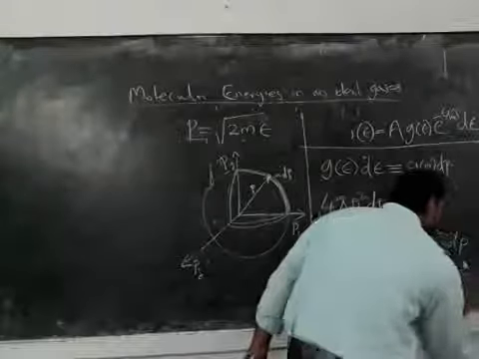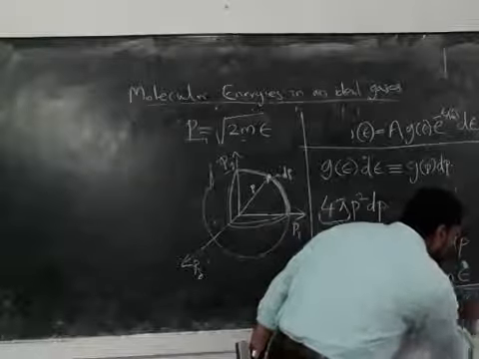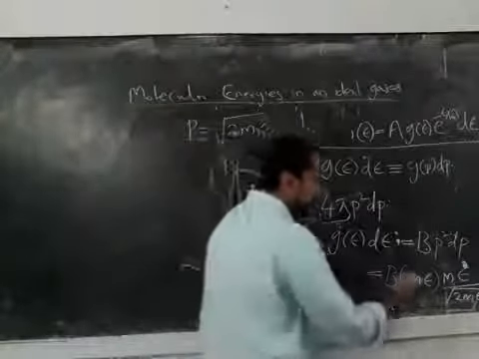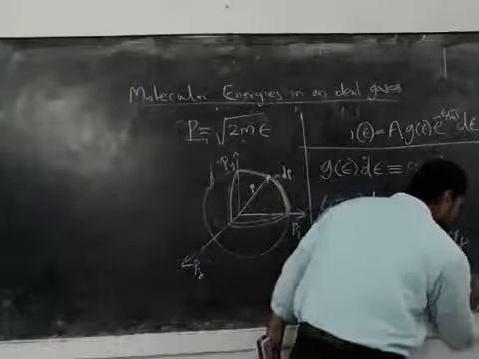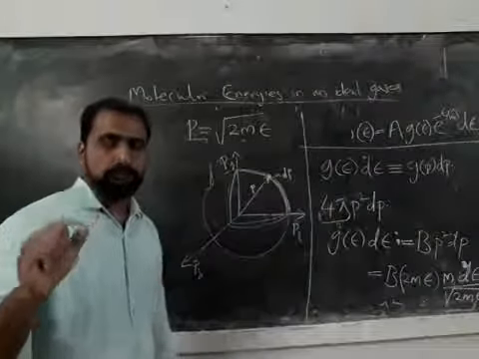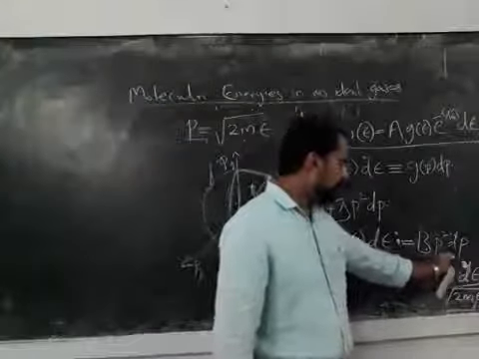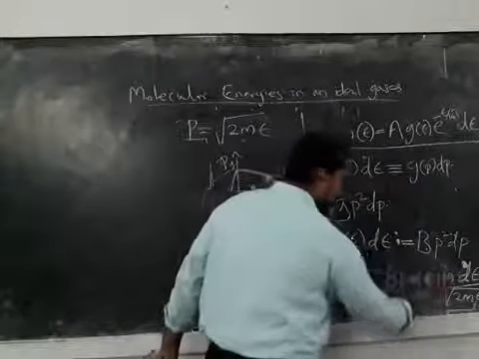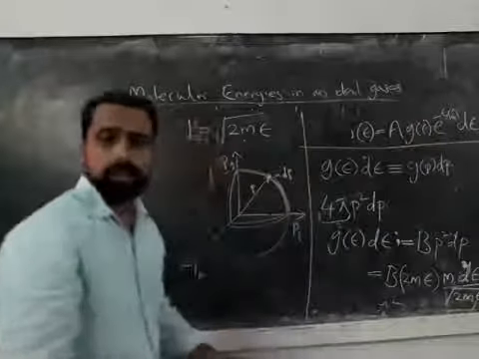It is m d epsilon divided by square root of 2m epsilon. So that was the expression for p squared and dp. So now you have g of epsilon d epsilon. I just replace this here, and you will get n of epsilon.